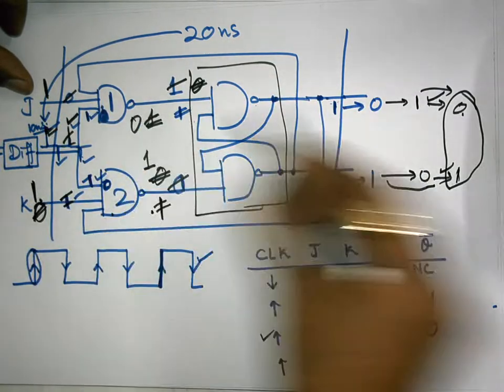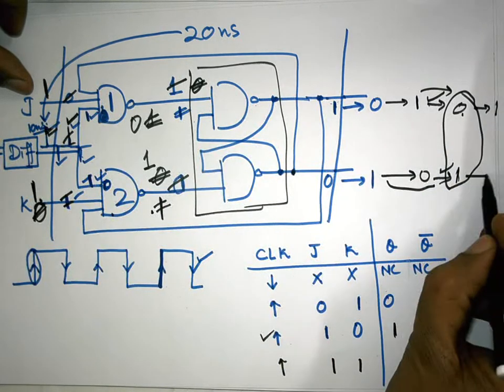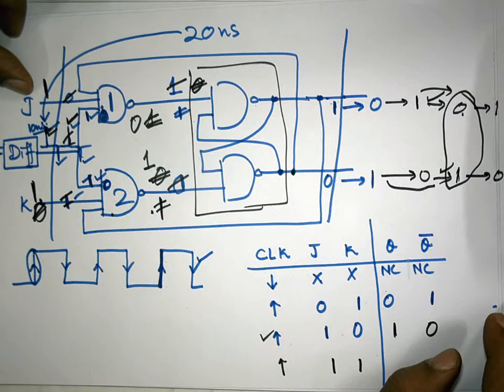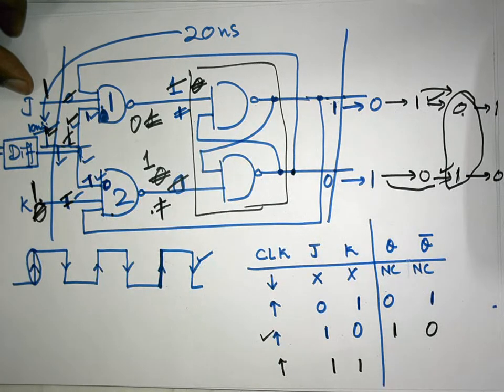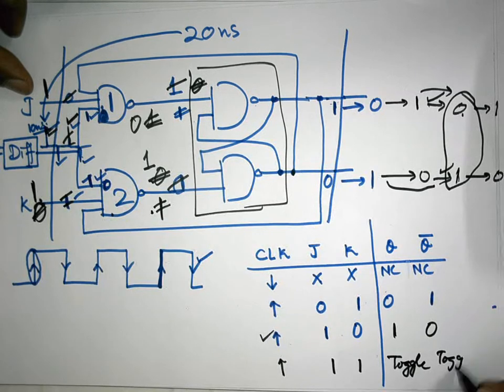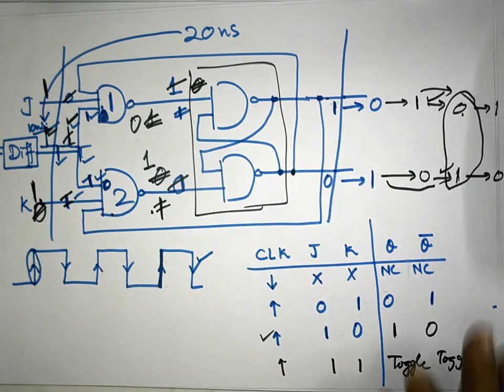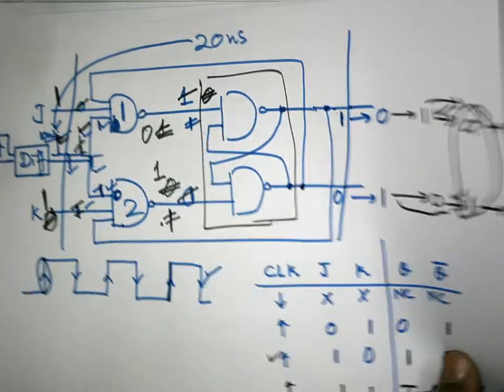So this 0 is making it 1 and this 1 is converted to 0. This means the output is toggled at the occurrence of the clock edge. Okay. So the output is changing its states, and this is given the name toggle. So this way your JK flip-flop behaves.